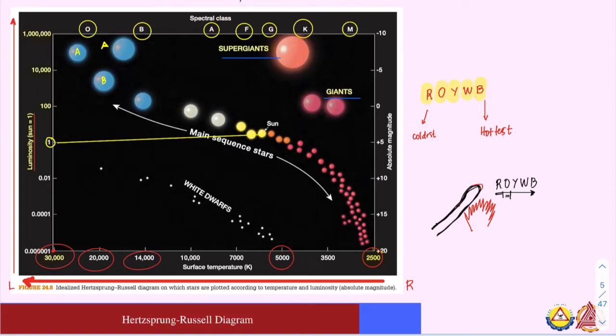And along the y-axis, from bottom to top, the luminosity also increases. And along with the colors, the red is the coldest color and the hottest is the blue.